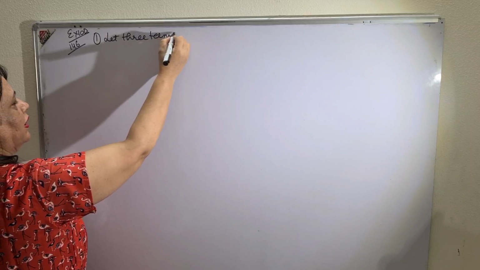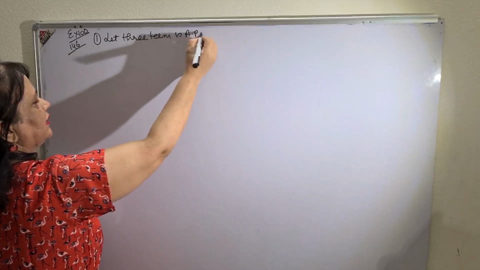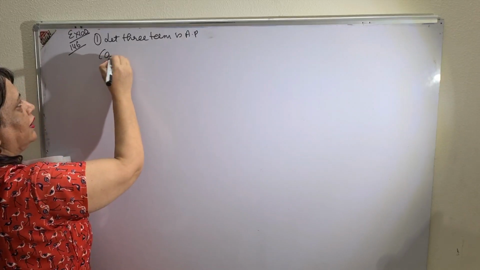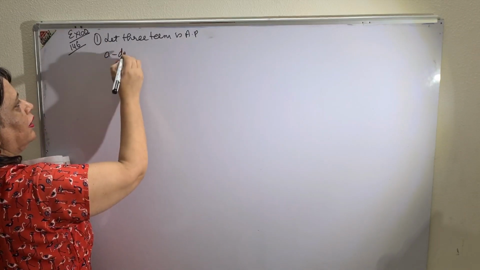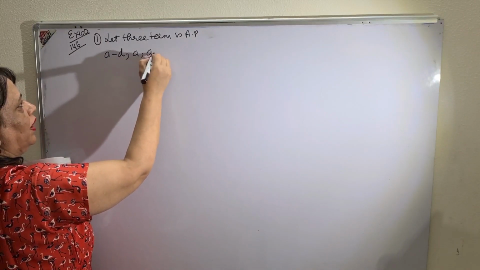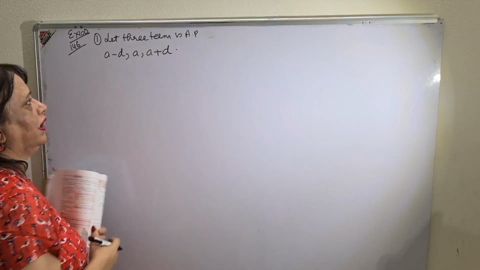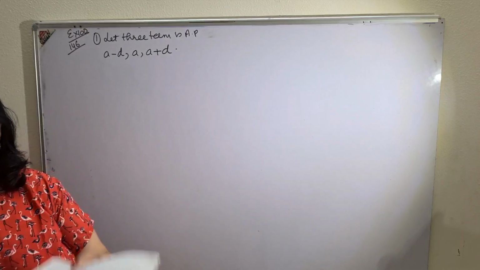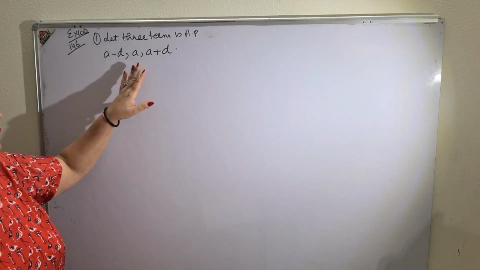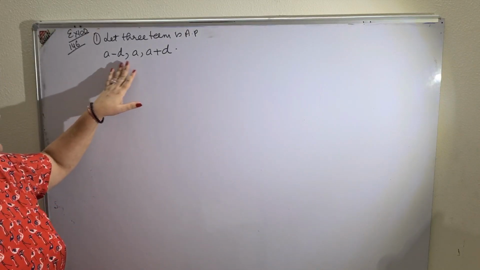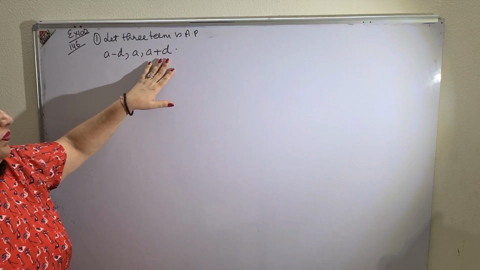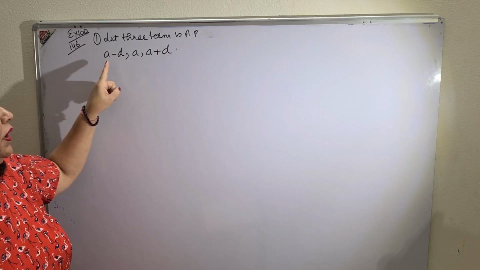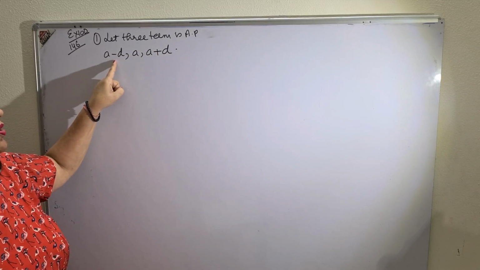3 terms in AP are a minus d, a, a plus d. I am doing these sums in front of you because I wanted to make it very clear that these types of sums have fixed variables. For example, when you have to suppose the 3 terms, you cannot change the place of the terms.